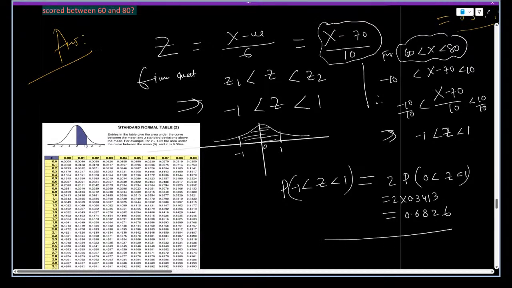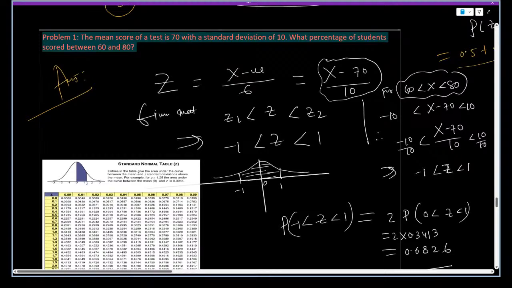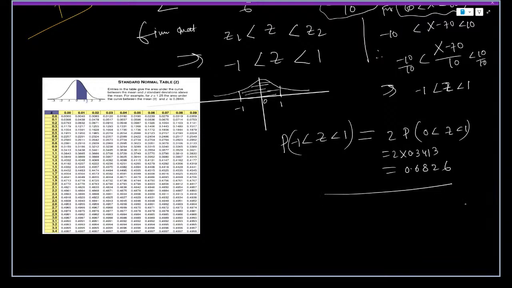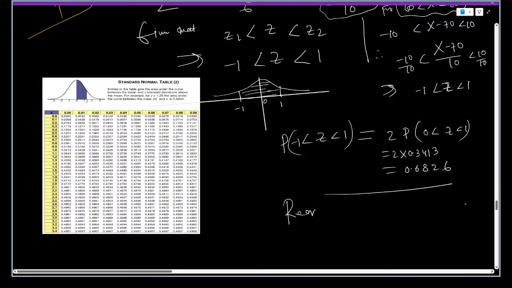Clear? But the question is different. What percentage of students scored between 60 and 80? Just convert this into a percentage. The required percentage will be equal to 68.26. You understand? This is a practical application.